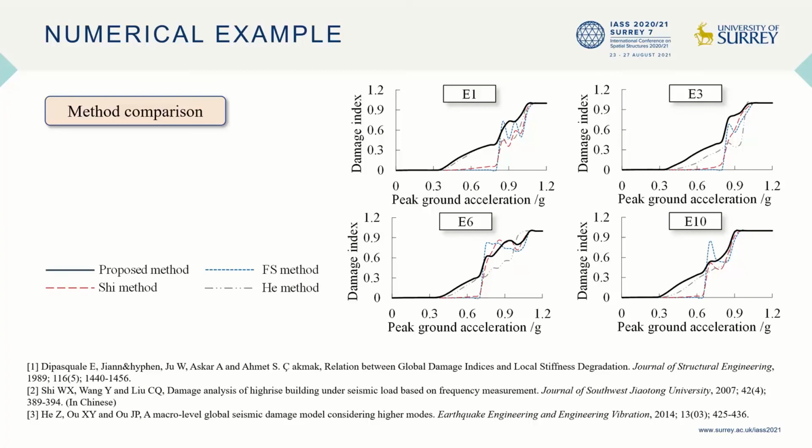To further verify the applicability of the proposed method, 3 methods are selected as comparative methods, and the damage assessment results are compared as visually displayed in these figures. As we can see, the damage index value given by the FS method and the Shi method is equal or very close to 0 in the early stage of seismic damage development.